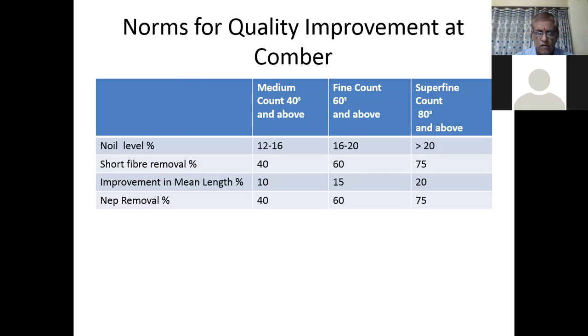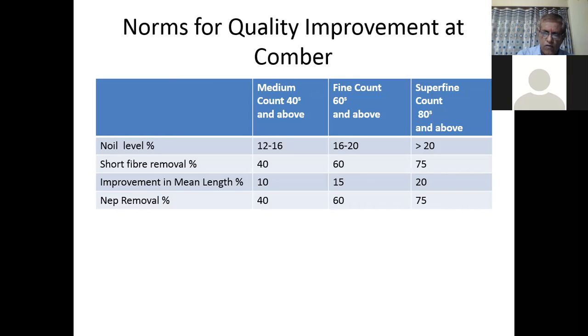It is shown that the parameters considered for quality improvement at comber are noil level, short fiber removal, improvement in mean length, and nep removal. So whenever we compare different combers, we will not only compare fractionating efficiency, but also these parameters.